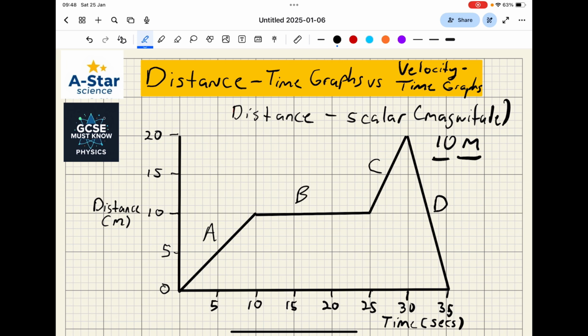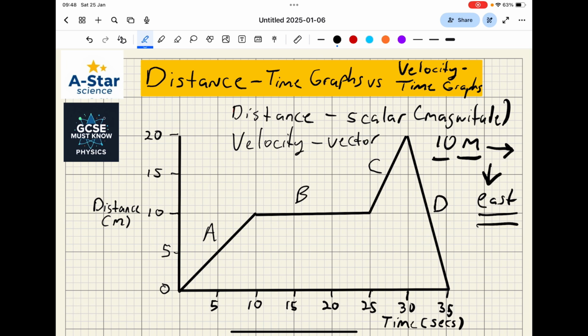Whereas velocity is a vector quantity. So if you said someone traveled 10 meters to the right or downwards or east, west, and so on, you've now given it direction. So vectors have magnitude and direction.